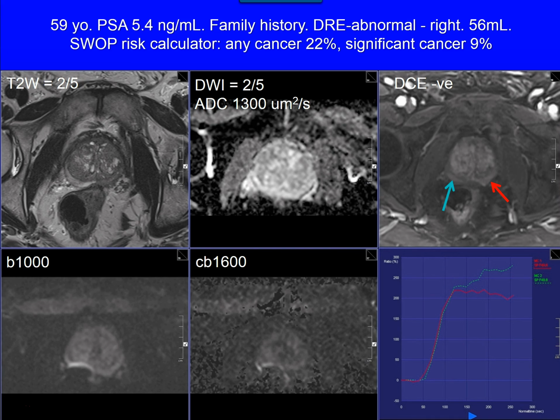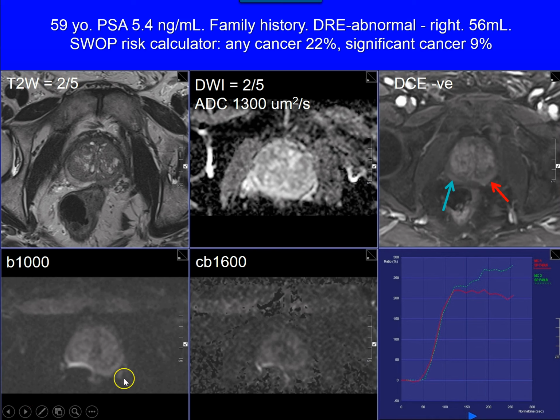And what do we find? We find that there is atrophy of the gland on the left side. Remember, he's DRE positive on the right side. This is caused by atrophy of the left peripheral zone. You can see some diffuse enhancement in this area. There is no focal lesion.